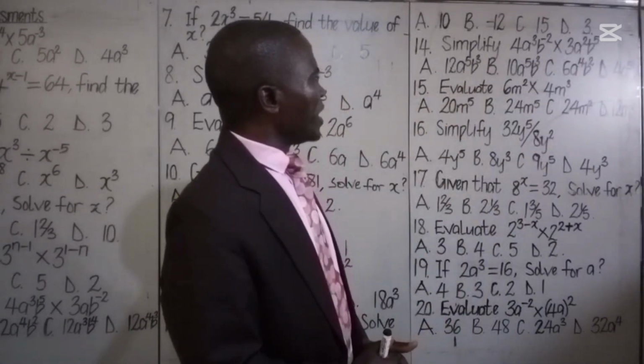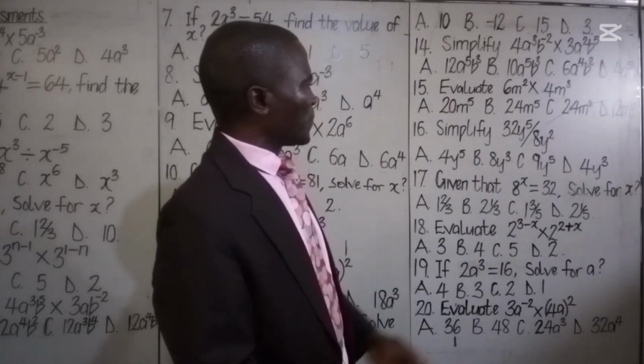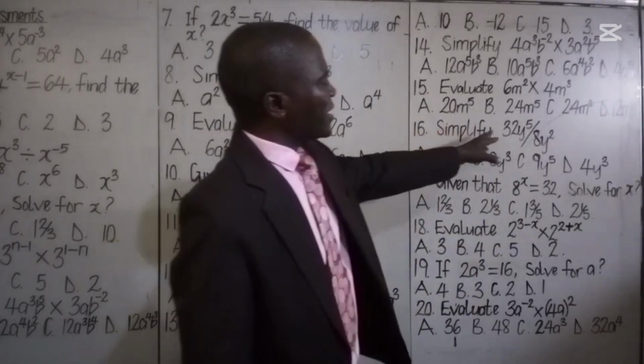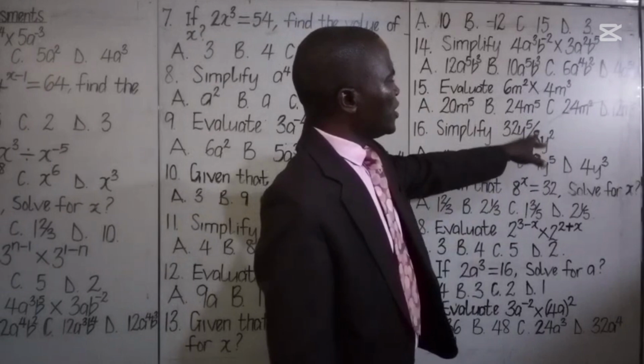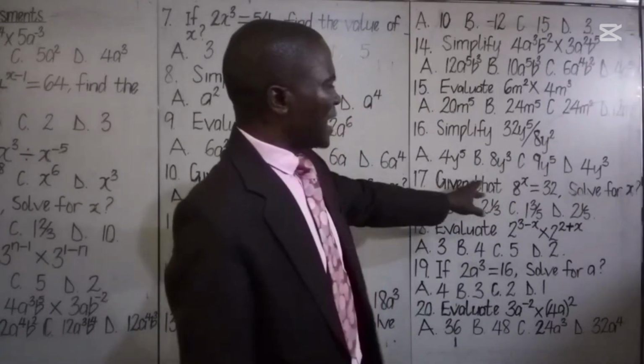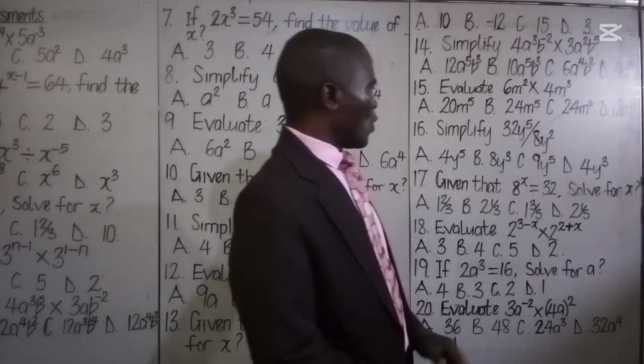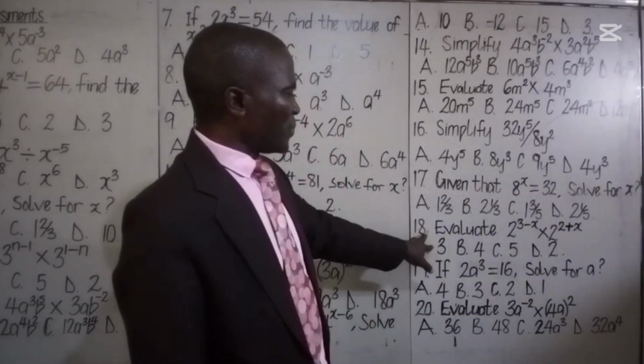15. Evaluate 6m raised to power 2 times 4m raised to power 3. 16. Simplify 32y raised to power 5 divided by 8y raised to power 2. 17. Given that 8 raised to power x is equal to 32, solve for x. 18.